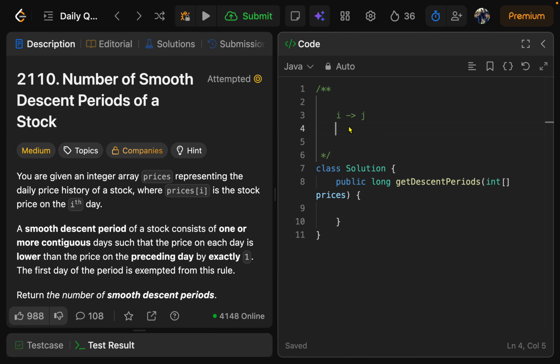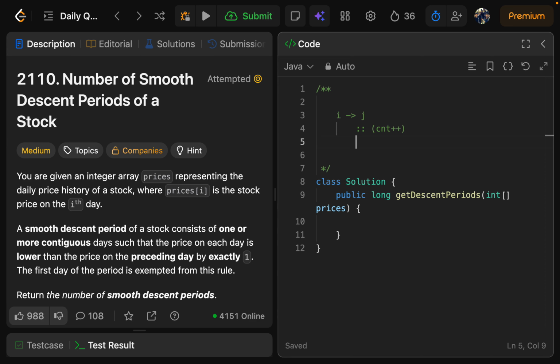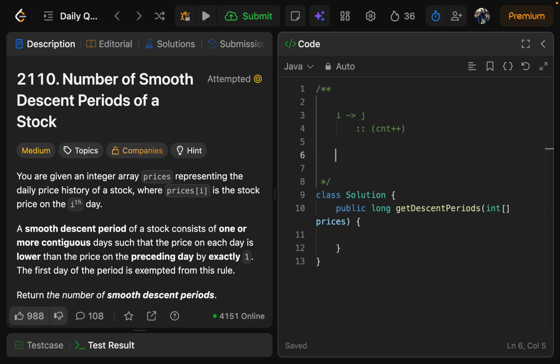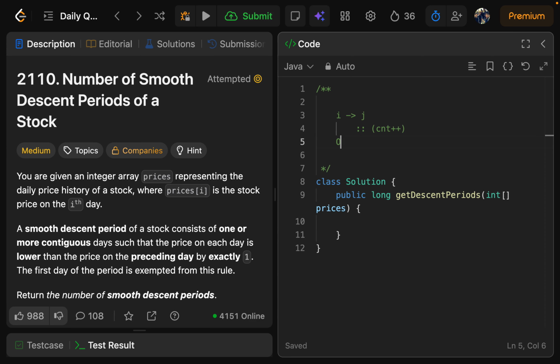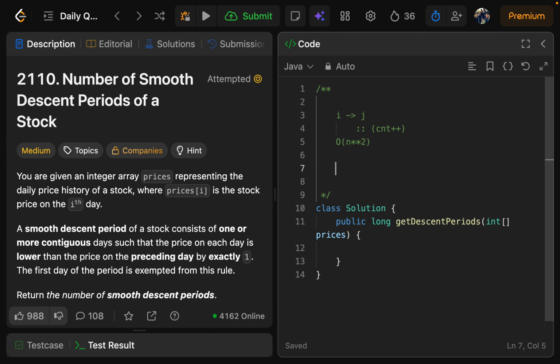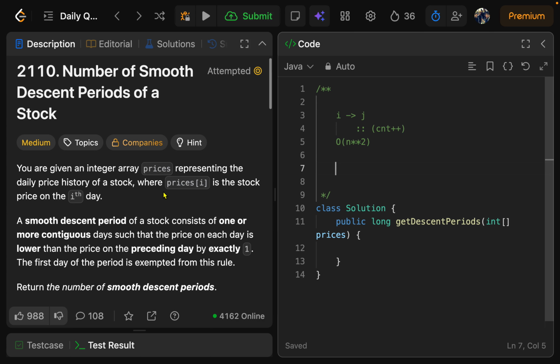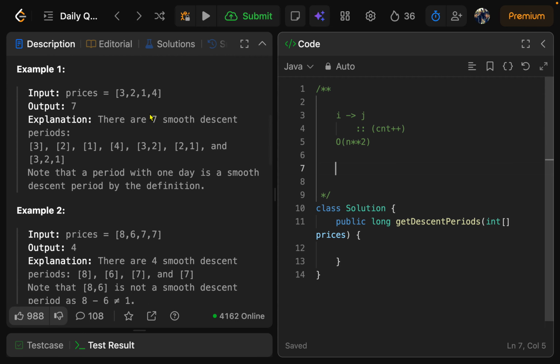That's what I'll check, and if it is, then increase the count. Okay, that works, but that will cost us around O of n square. So can you do better than that? The answer is, yeah, maybe, but we need to understand the pattern.